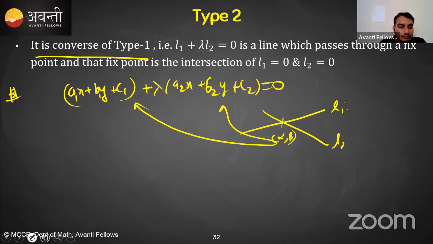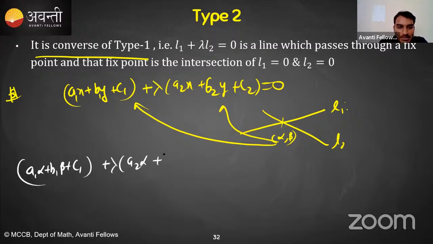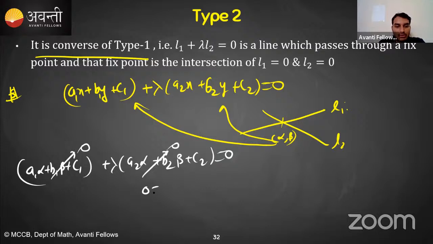Look, A1 alpha plus B1 beta plus C1 plus lambda times A2 alpha plus B2 beta plus C2 is equal to 0. But alpha beta is lying on the line L1, so A1 alpha plus B1 beta plus C1 should be 0. And again alpha comma beta is lying on the line L2, so this is also 0. 0 equal to 0.